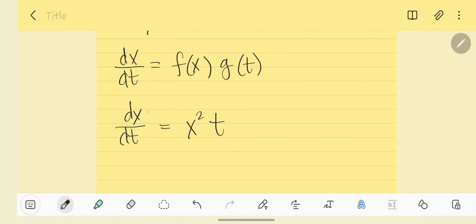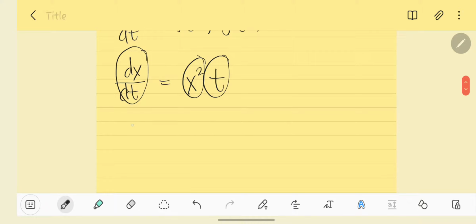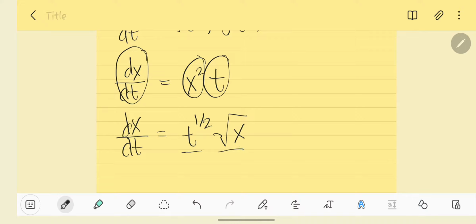So you have some derivative on the left side and then a function of x and a function of t. Another example is dx over dt is equals to t to the 1/2 times the square root of x. You have a function of t and then some function of x and then the derivative on the left side.